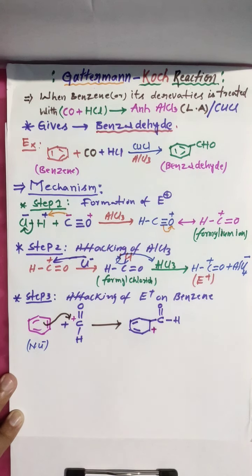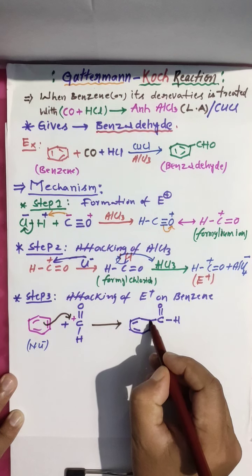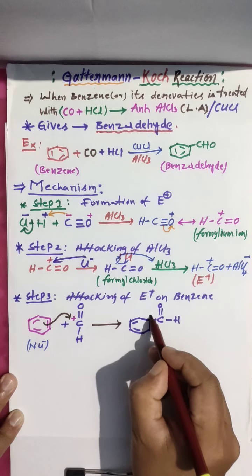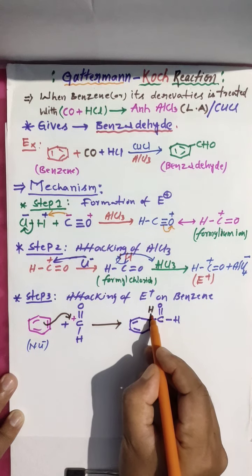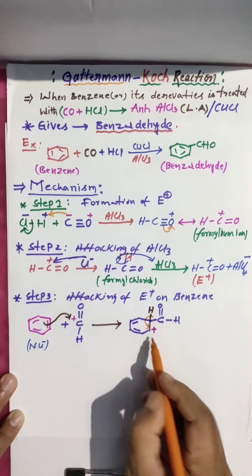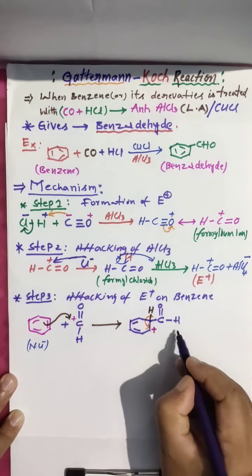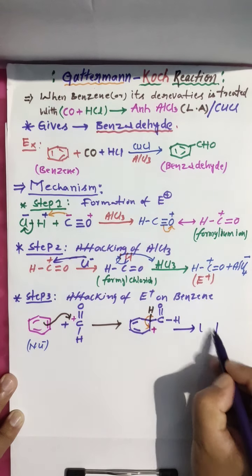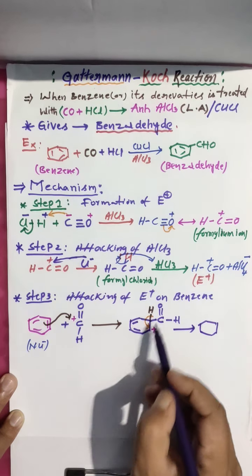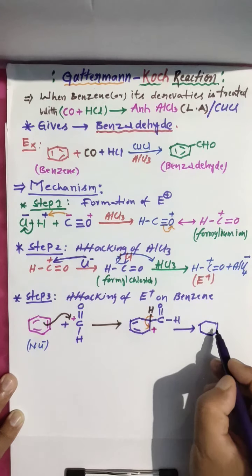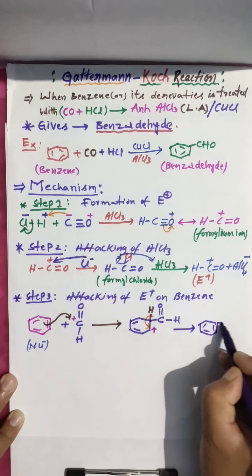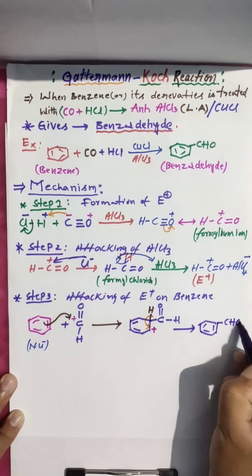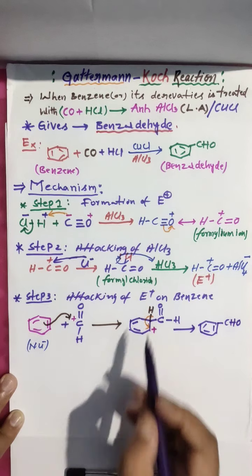Clear? Now, here you see this carbon 1, 2, 3, here hydrogen is there. This hydrogen donates its electron to this plus, giving rise to a double bond again. When this bond is broken, a double bond is formed here, and here we already have double bonds. This hydrogen is gone, CHO is here, and we have H plus.